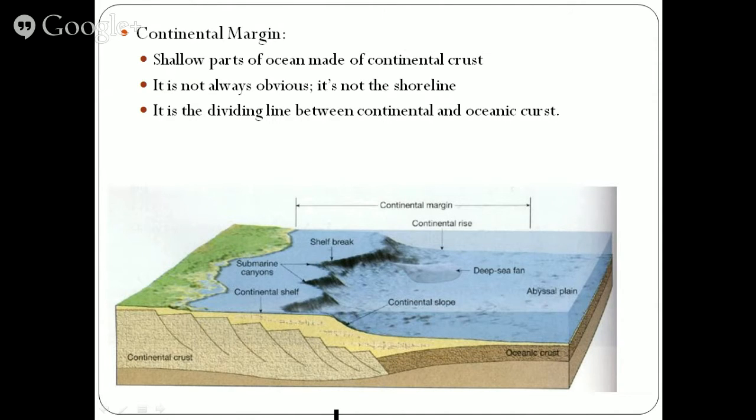Do not think of your continental margin as the shoreline, because it extends quite a bit from the shoreline. So it is the dividing line between continental and oceanic crust. It's usually a slow transition, as you can see from this image. It transitions slowly and gradually from continental to oceanic.